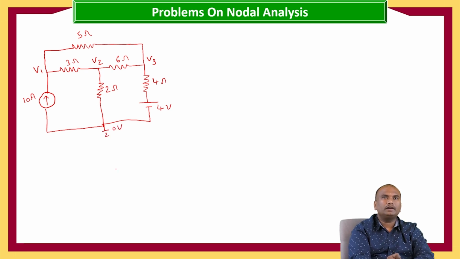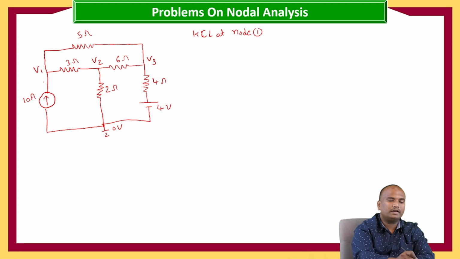Now let us write the KCL at node 1. Here all the currents, we are assuming that they are leaving from the node, but here 10 amps current is coming towards the node.